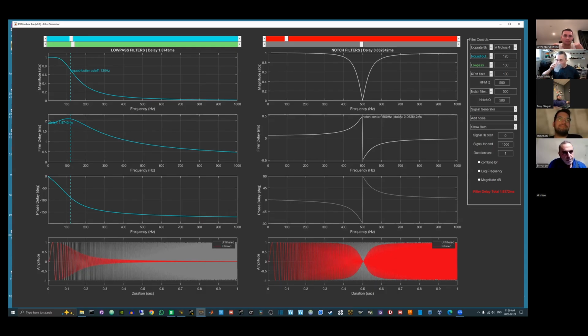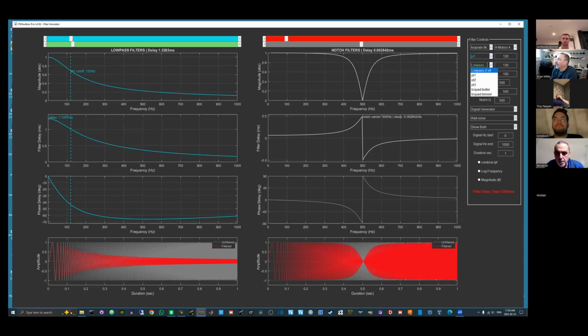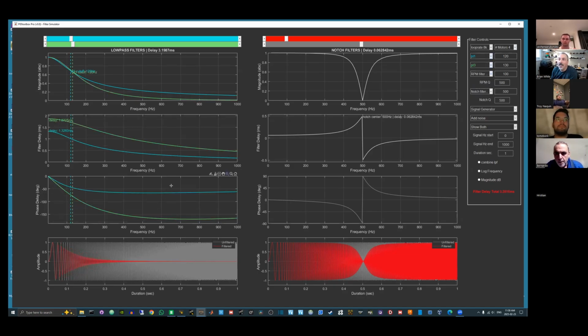I've become a big PT3 filter fan, and it took me a while to come around to it too. Who knows if we'll continue having the biquad filter in Betaflight, but it's kind of part of the furniture now, so I don't think it's going to go anywhere. So let's compare a PT1 versus a PT3 and see which one serves you best.